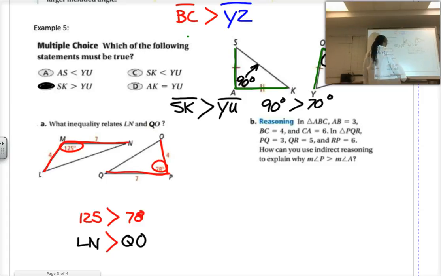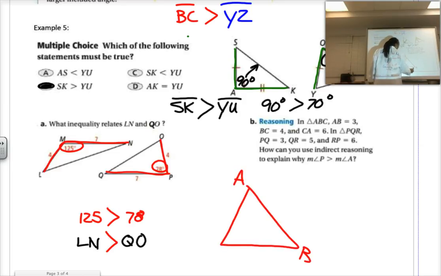And part B, we're reasoning through a triangle problem. So we have triangle ABC. And they gave us that AB has a measure of 3, BC a measure of 4, CA a measure of 6.